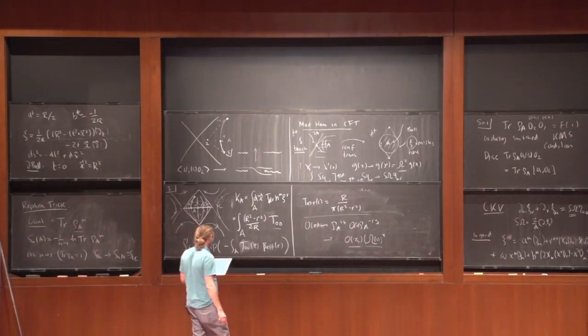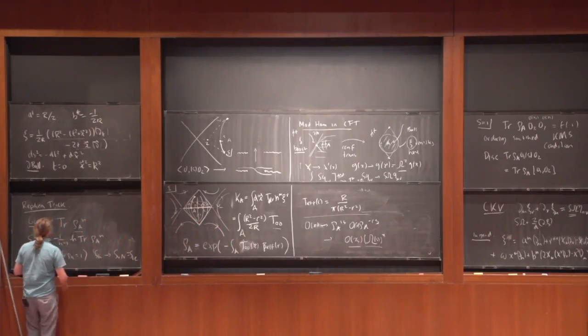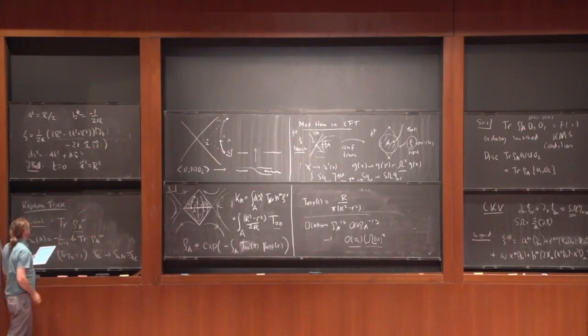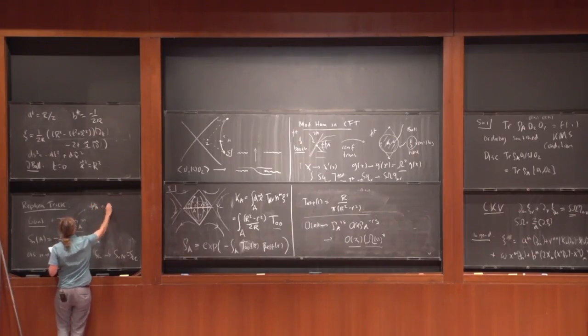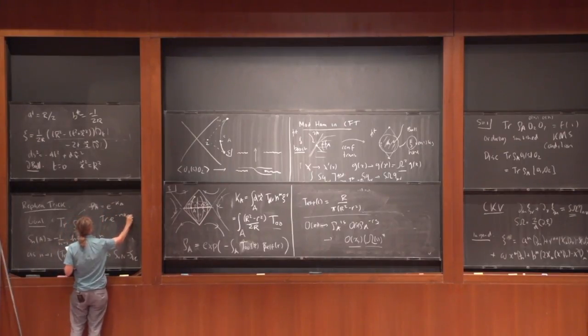For example, it's somewhat useful to think of this as some kind of partition function. So in particular, if I rewrite this using the modular Hamiltonian, then this just becomes trace e to the minus n K. And so what is n? n is like 1 over the temperature.